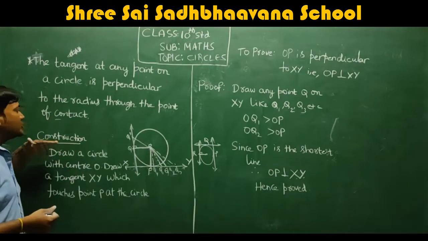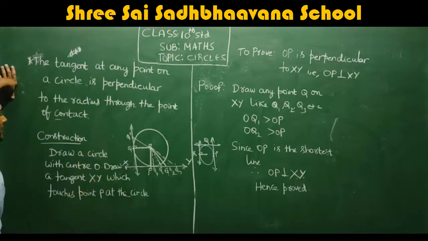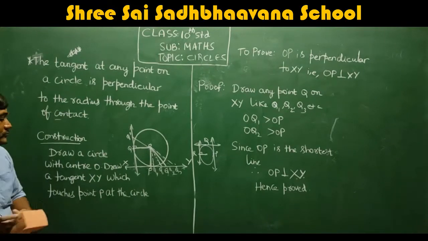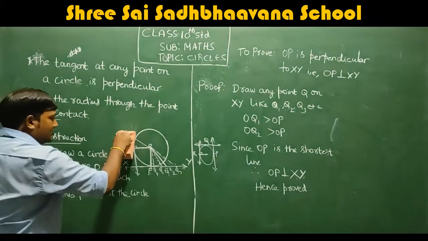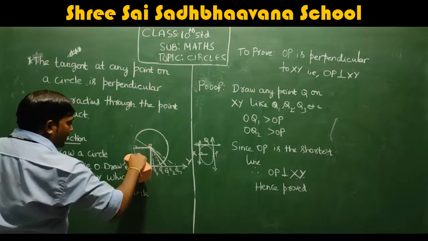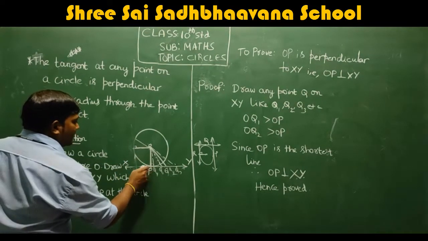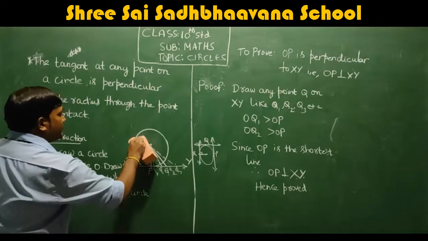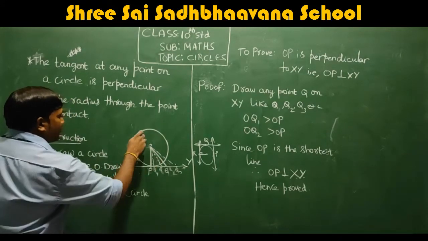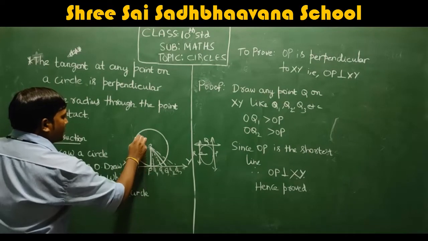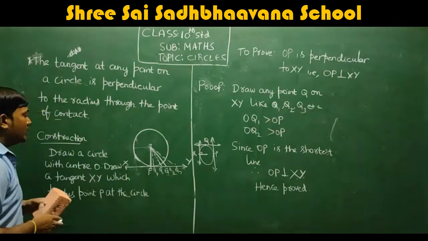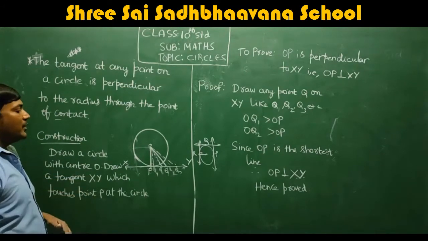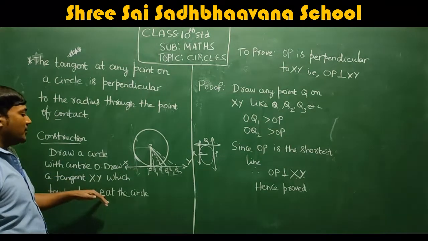So draw a circle. What is the construction we are doing? We are drawing a circle with center O, and we draw a tangent XY, which touches the circle at the point P. I'll just remove this, which I wrote only for your understanding.